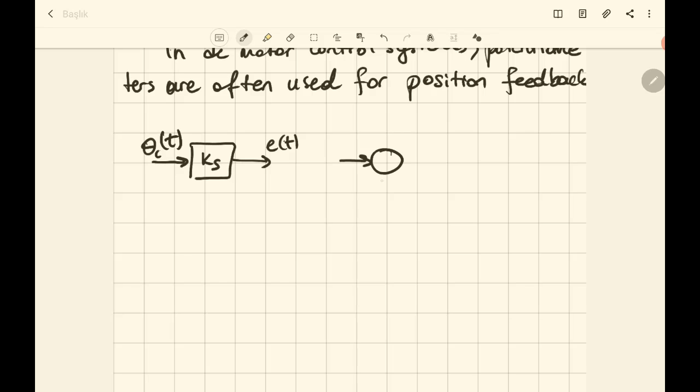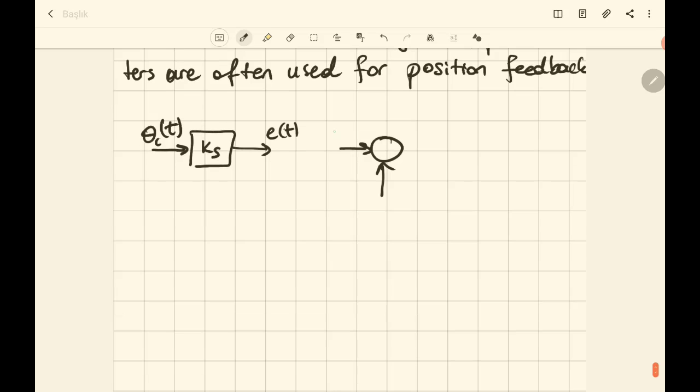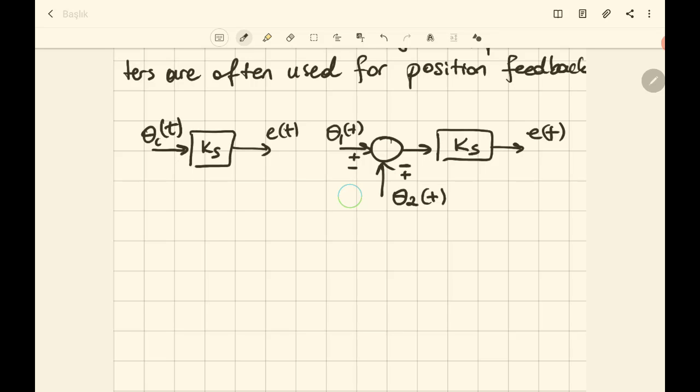We have a comparator because we have two potentiometers. One of them, theta 1(t), can be minus or plus. The other will be the inverse of this, the second one, theta 2(t). And then we have a proportional gain represented by Ks, and then we get the e(t) value.